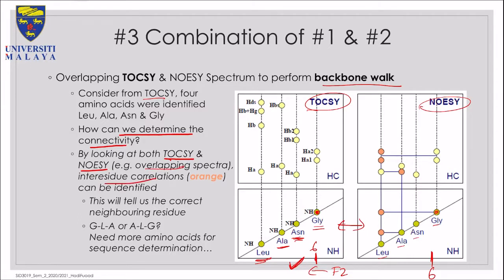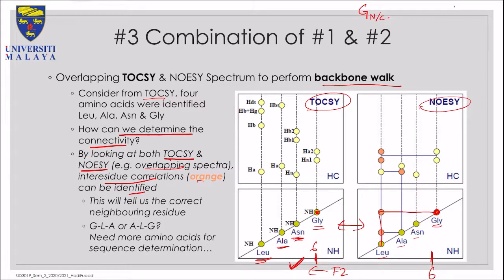So inter-residue correlation, orange, can be identified. For example, if you look at glycine, you can say, oh, glycine is connected to leucine. Because the only connecting residue for glycine is leucine, you know that glycine is either at the N terminal or the C terminal.